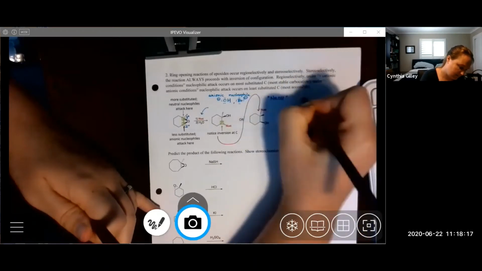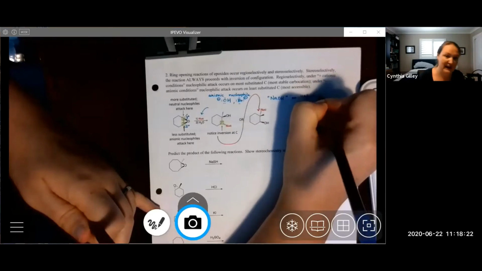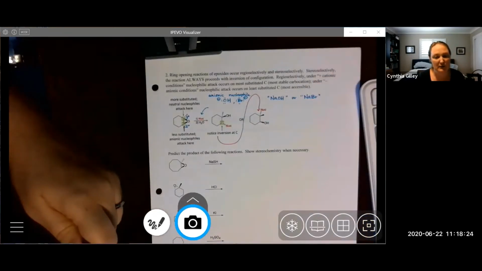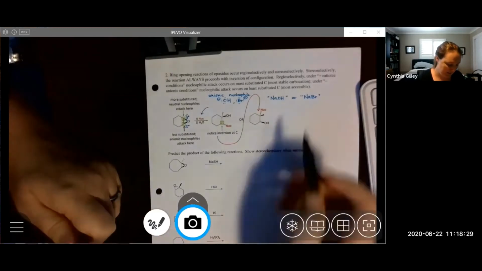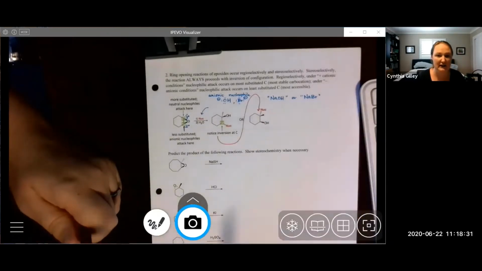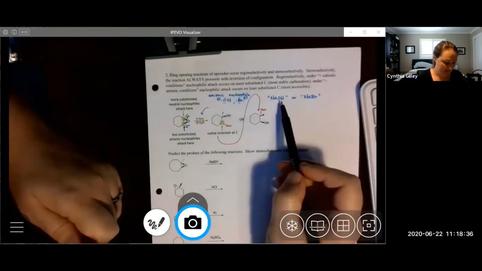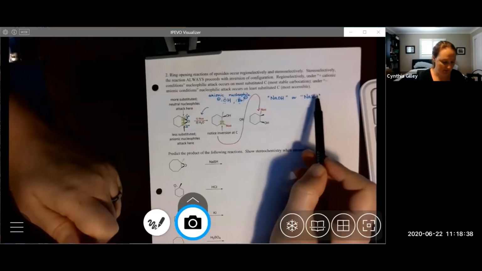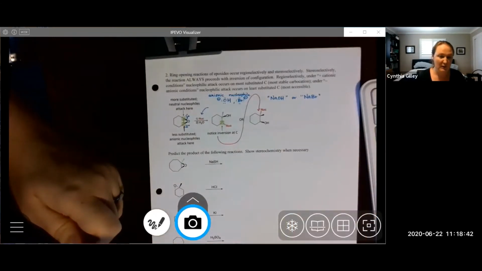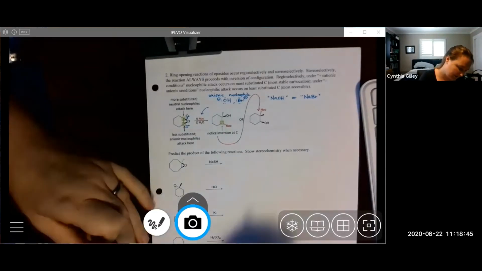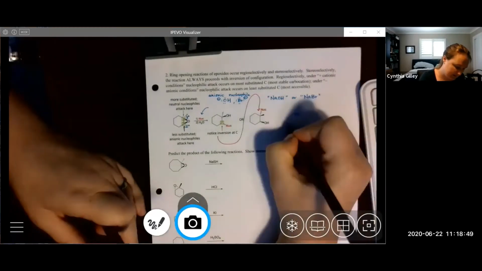Whenever you see sodium mentioned, or potassium, or it could be lithium, whenever there's clearly a metal involved, that's an anionic condition, because the nucleophile will have a negative charge since the sodium has a positive charge. So we have the anionic nucleophile versus what we might call acidic conditions.